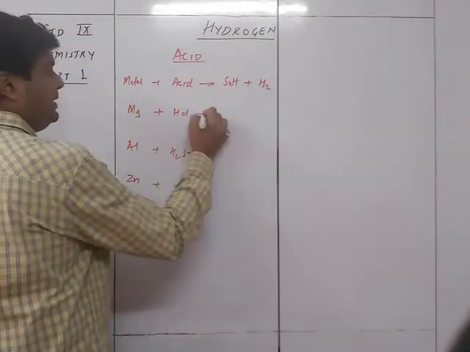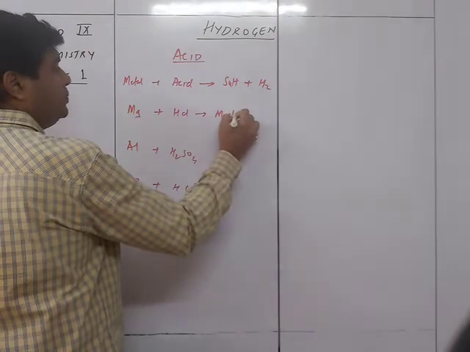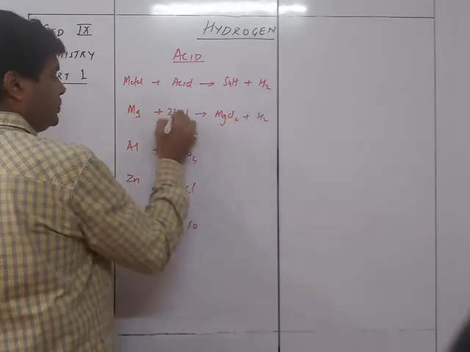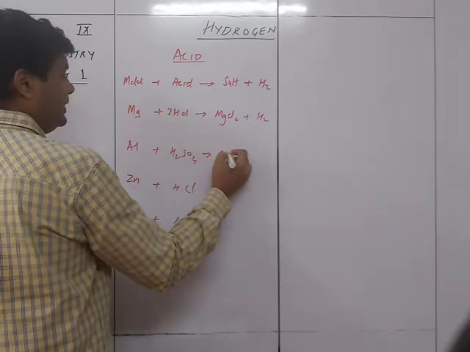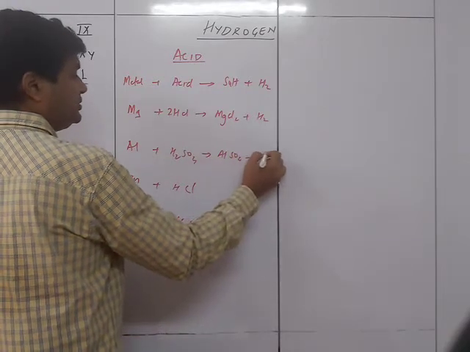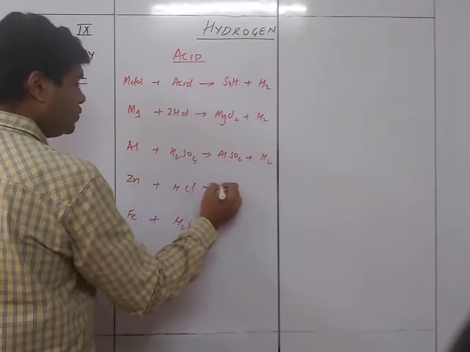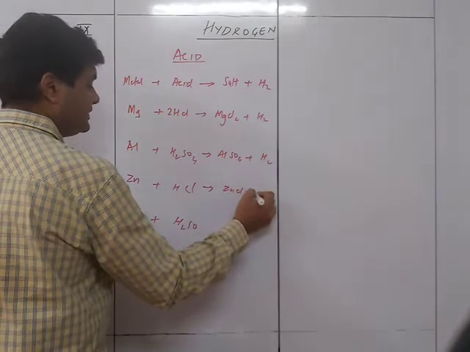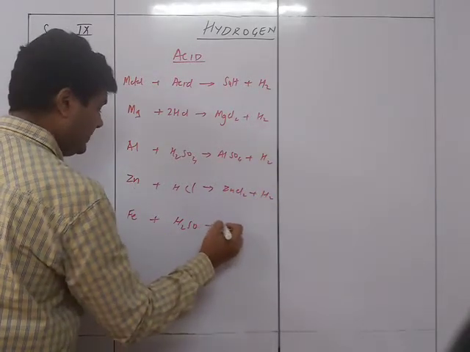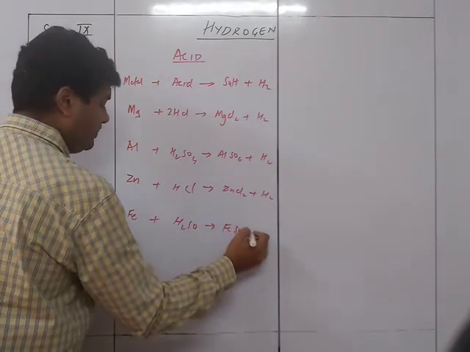So this can be MgCl2 plus H2. This will be 2 here. This will become Al2(SO4)3 plus H2. This is going to be ZnCl2 plus H2. And this is going to be FeSO4 plus H2.